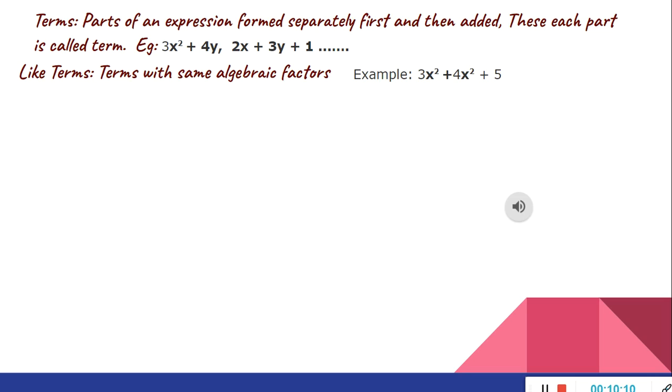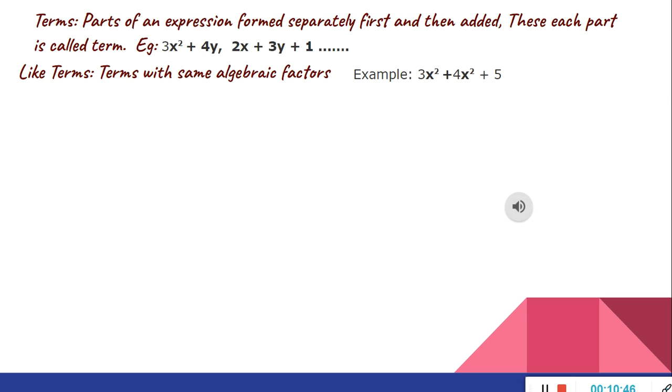Now out of these 3 terms, which are the terms with the same algebraic factors? So as I said, factors, when you look at 3x square, what are the factors? 3 is the numerical factor and the algebraic factor is x square, that is x into x, right? In the second term, the factors would be 4 and x square, that is x into x, right? 4 is the numerical factor and x square is the algebraic factor.